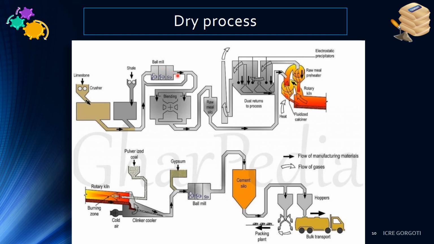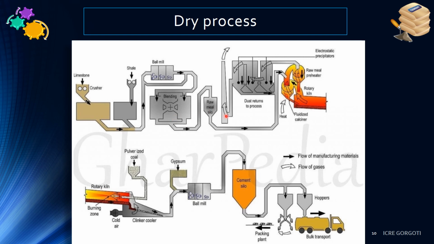The dry powder is called raw meal, further blended and corrected for its right composition and mixed by means of compressed air. When gas is filled under high compressed pressure, the aerated powder tends to behave almost like a liquid, and within half an hour the material is blended and a uniform mixture is obtained.